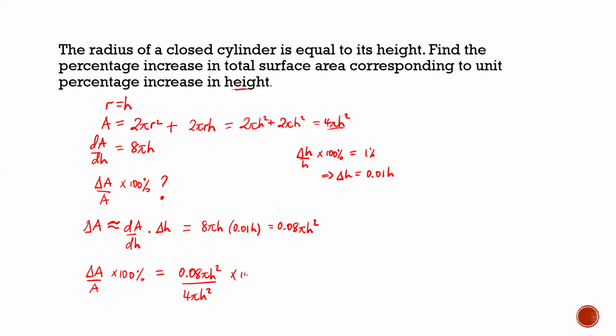And I'm multiplying this by 100%. And this gives us 2%. So that would be the percentage increase in the surface area corresponding to unit percentage increase in height. And so this is how we use small changes to estimate what the change in area would be. And so that's how we use small changes in application of differentiation.